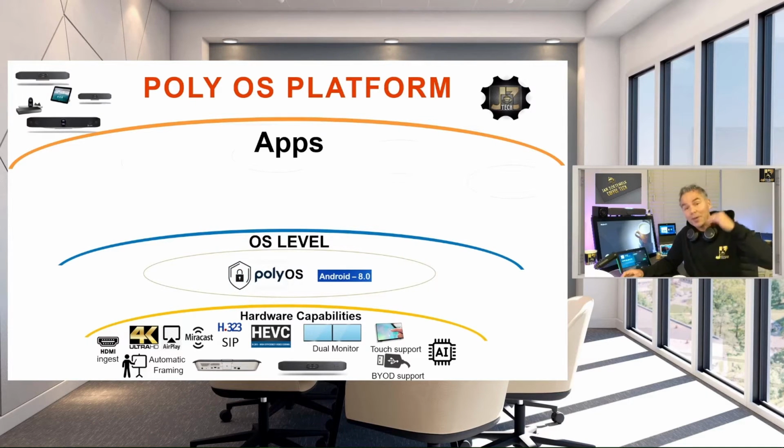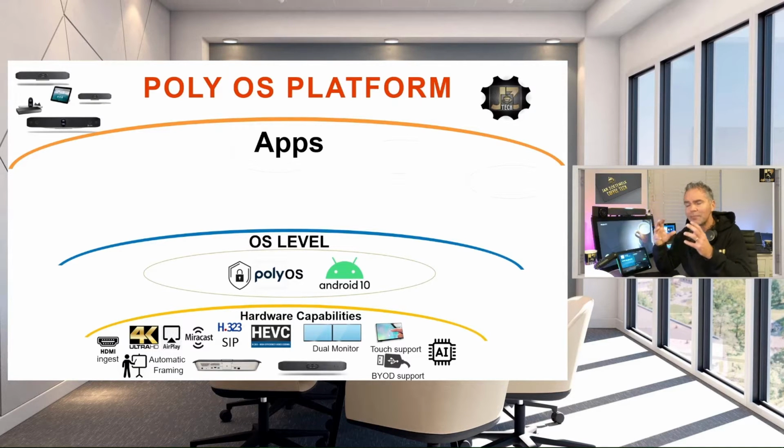Now, on top of that, we got PolyOS. That's the operating system. That's a completely locked down operating system. There's nothing you can do there. There's no Google Play, so you cannot install anything. It's only running the video application that is required. Now, that was Android 8.0, and with the latest release, we brought that to Android 10. Why Android 10? Because it's always behind what's available in the market for general phones.